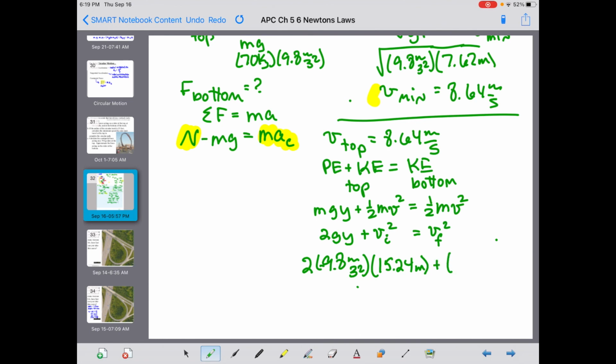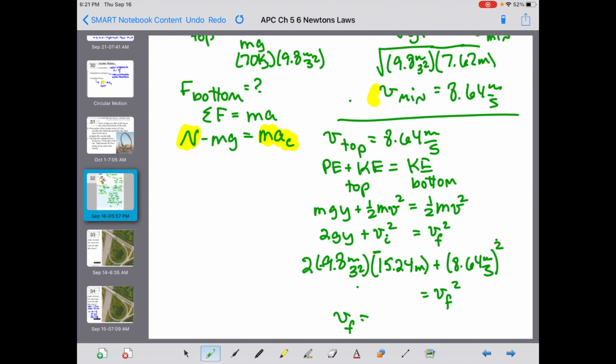That vi is 8.64 meters per second, and that's going to be equal to vf squared. Now, as we solve this down, recognize that not only is gravity downward, but your 15.24 will be downward from the top, so that's going to be a negative.